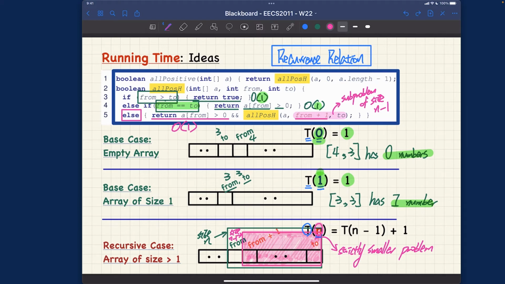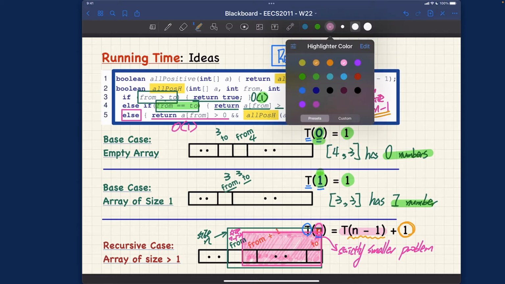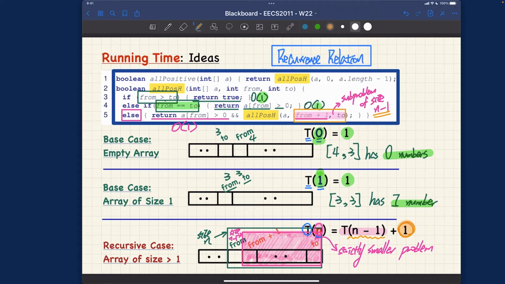It's going to be some recursive call T of size n minus 1. This n minus 1 corresponds to the range over here from plus 1 to 2, the subproblem of size n minus 1. And the 1 over here is the big O of 1, in addition to the recursive call. Let me recap very quickly, and we still haven't really solved this recurrence relation.